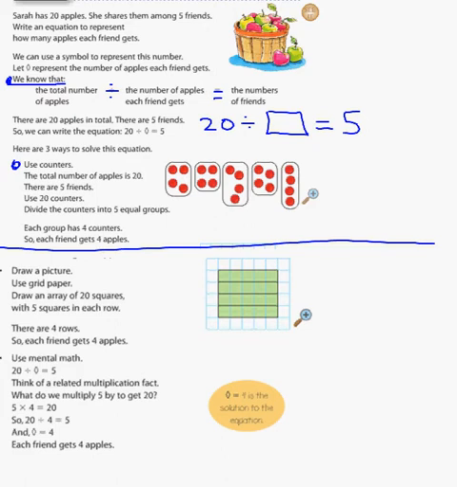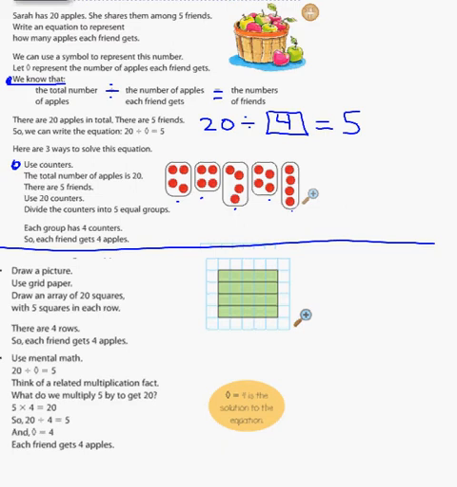When you do that, you'll get 1, 2, 3, 4, 5 groups, and you'll notice there are 4 counters in each group. So therefore, if we say 20 divided by 4 equals 5, we are correct.